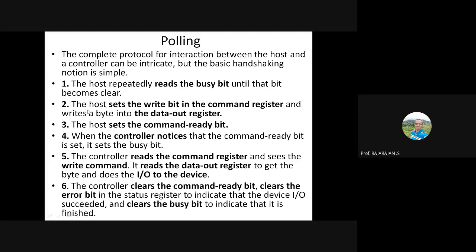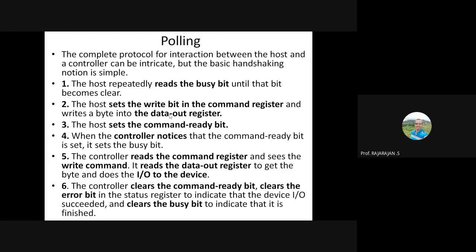Step two: if the busy bit is not set, then it sets the WRITE bit in the command register to indicate that it wants to write. And also it writes that data into the data out register. So basically the host wants to transfer data to the processor, and for that it has to do two things.